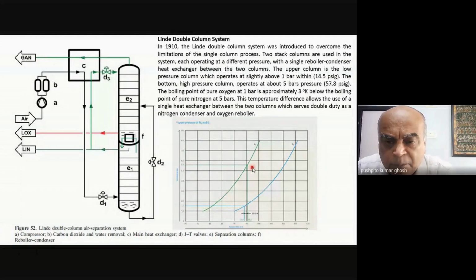From these plots, you'll be able to make out, this is the plot for nitrogen. This is the plot for oxygen. We're talking about pressure and temperature.